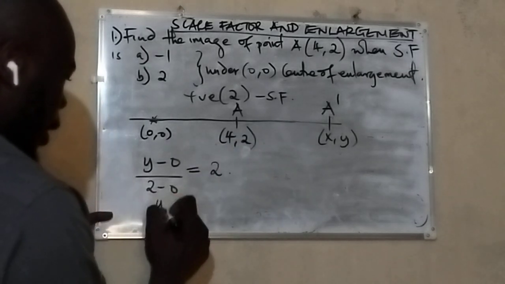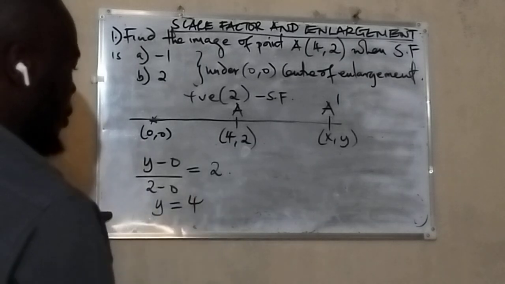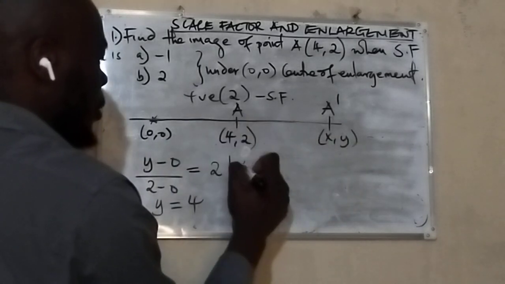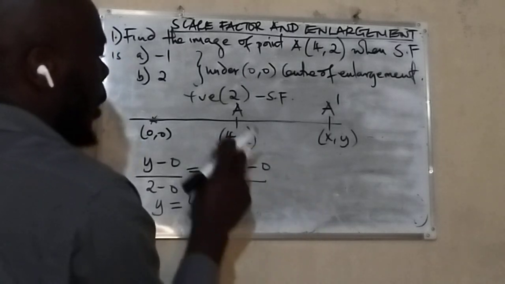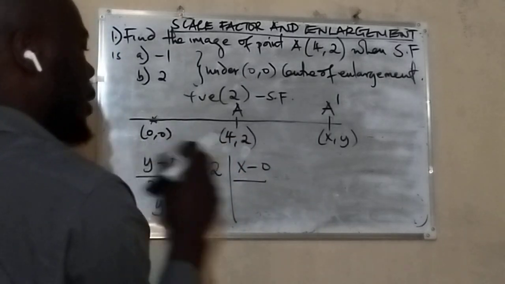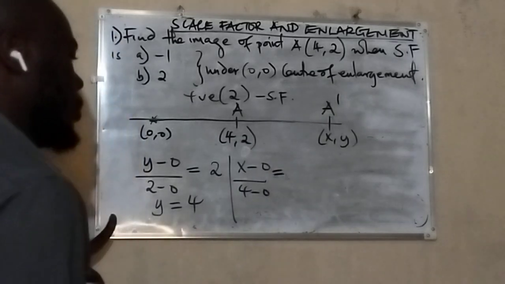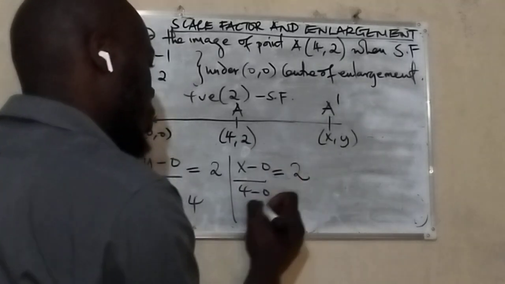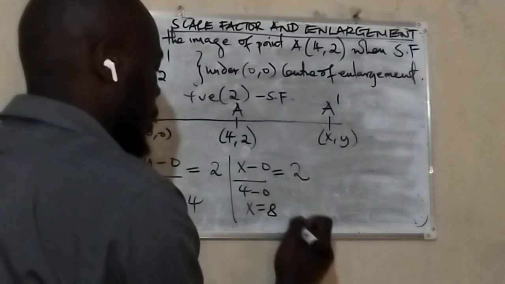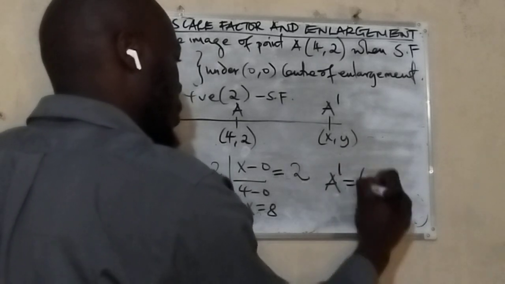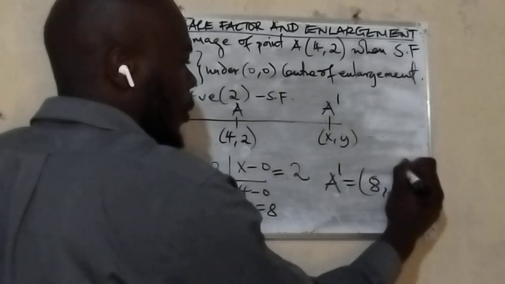So you'll have y equals 4. For x, we have x minus 0 over 4 minus 0, which gives you 2. So you have x equals 8. So it means your A prime will be 8, 4.